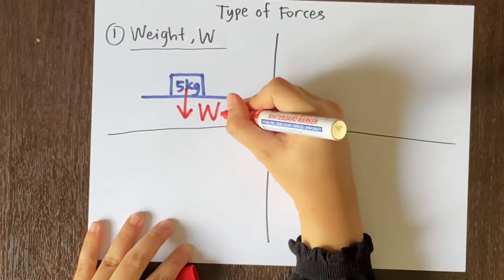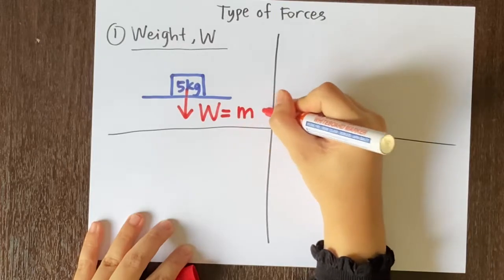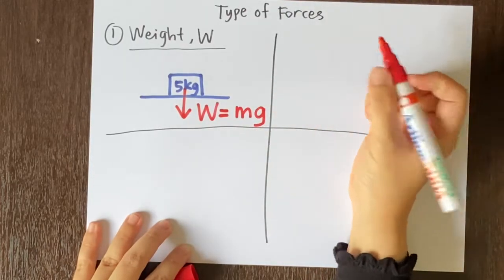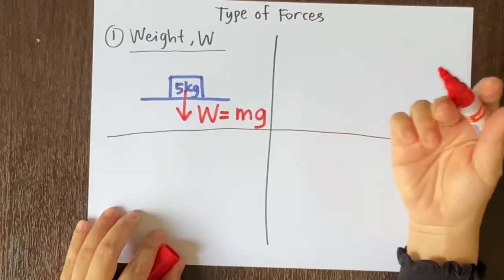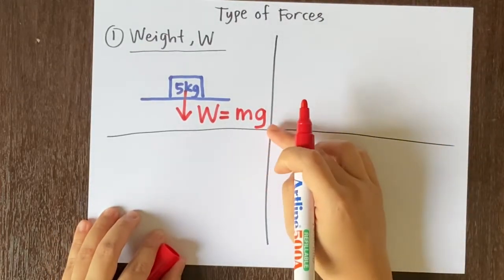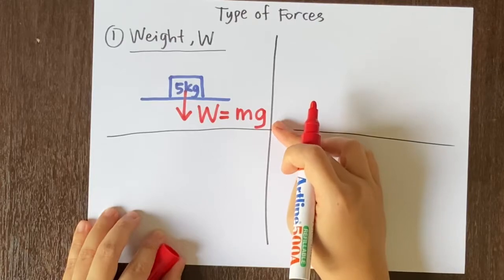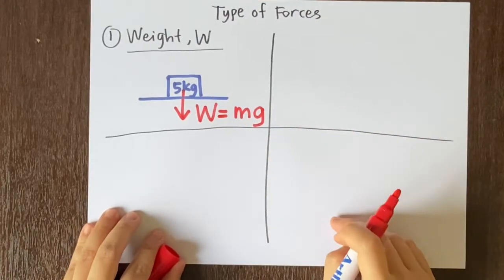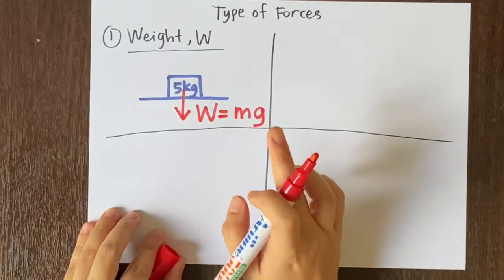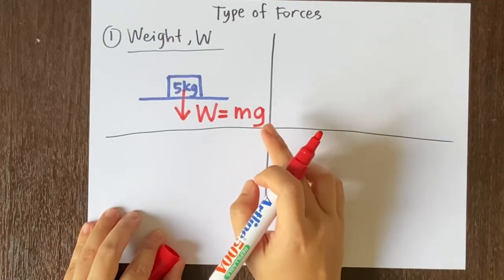So how to calculate weight? Weight is equal to mass times gravity. You know that the gravity constant is 9.81, right? Is it negative 9.81 or 9.81? It's 9.81 only.